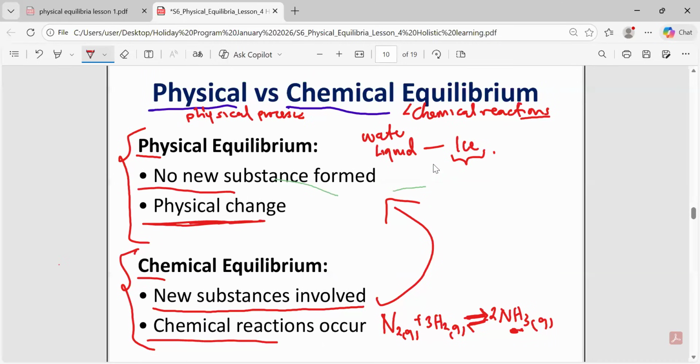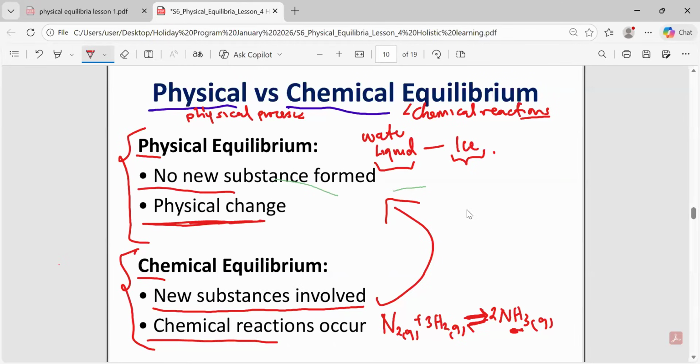The reason why they say that in physical equilibrium no new substance is formed is that even ice, water in solid form, is still called water, and water in gaseous form is called vapor. So it still remains water. Why is it not a new substance? It is just a solid. It has changed state from liquid to solid, but it remains water.